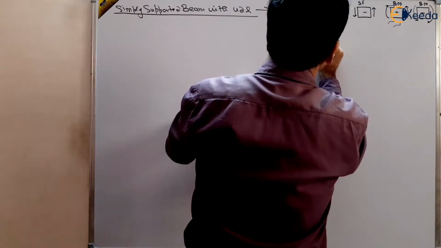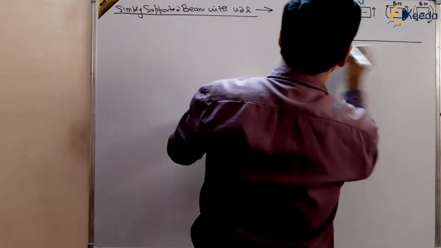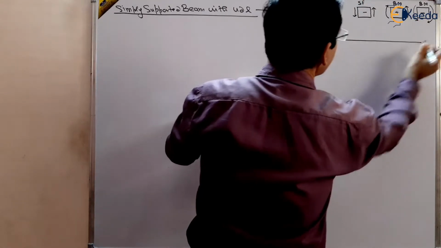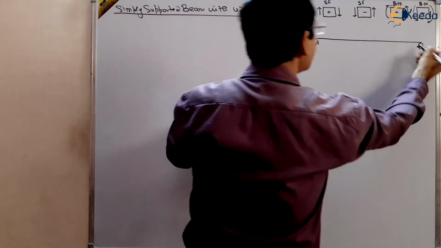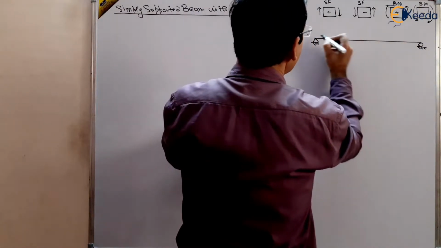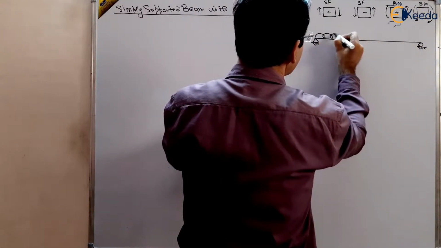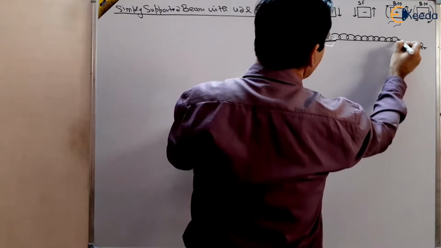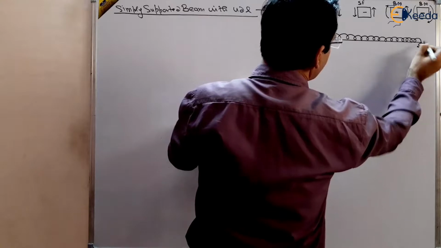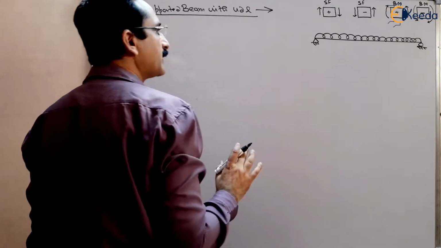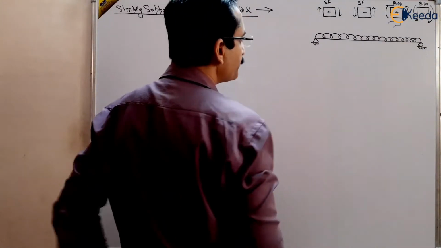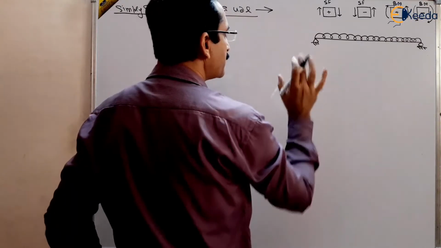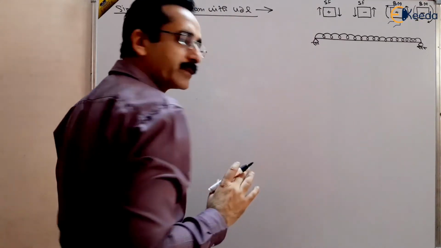Suppose this is a beam and it is simply supported, one end is a hinge joint, another is a roller joint, and there is a UDL like this on this beam, distributed on the entire length of the beam, and we have to find out the shear force and bending moment diagram for this case.